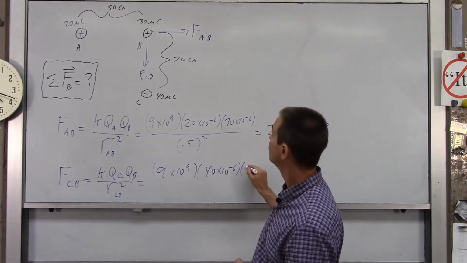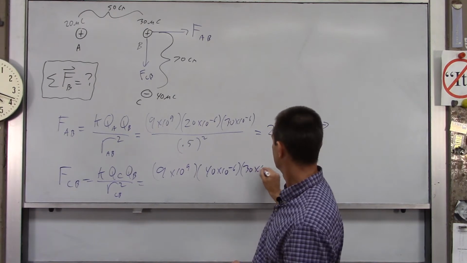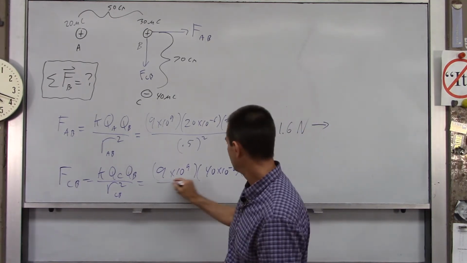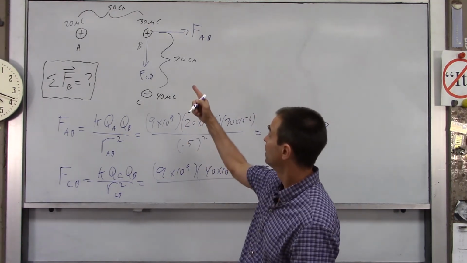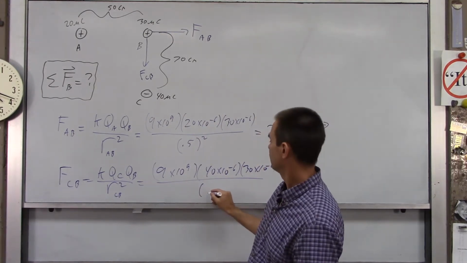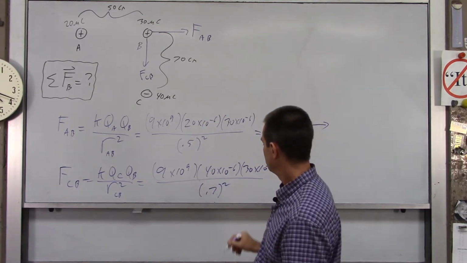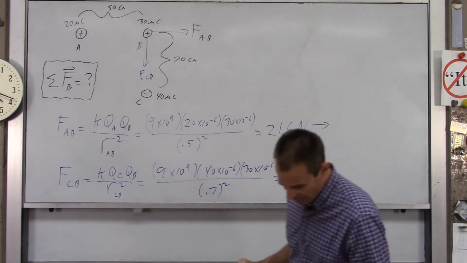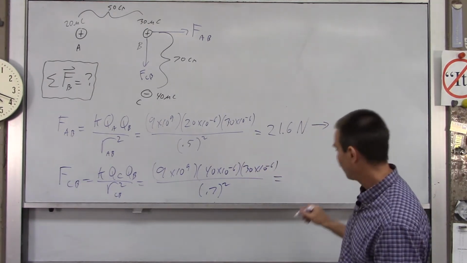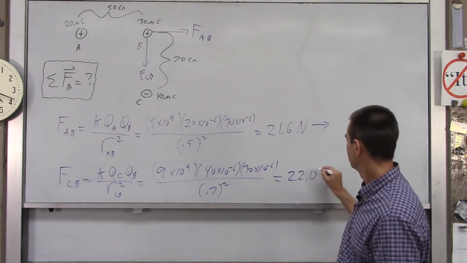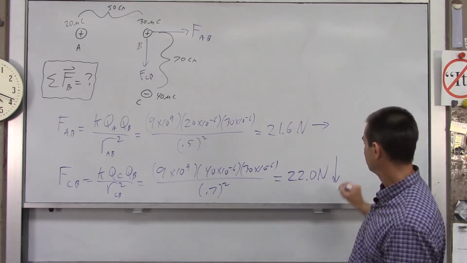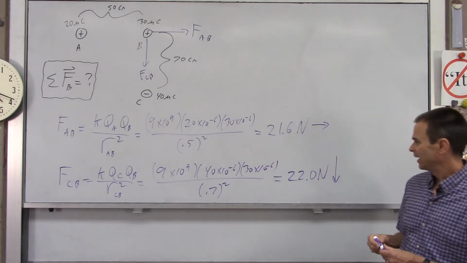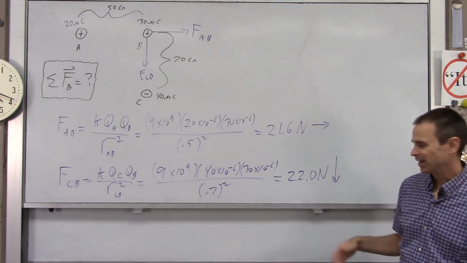QB is 30 times 10 to the negative 6th, all over, how far is B from C? They are 0.7 meters apart. Make sure you square your radius. And there I get about 22.0. And that force is down, okay? And again, I write the arrows to remind me of that.